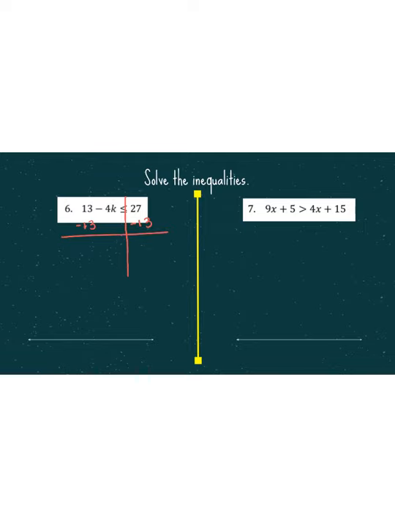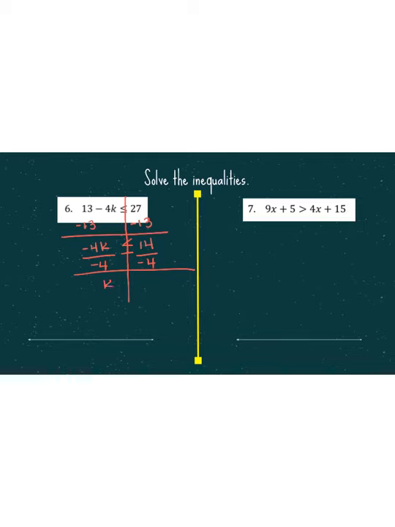So now I have negative 4k is greater than or equal to, and then 27 minus 13 gives me 14. And then I have to divide by that negative 4 to get k all by itself. I have to remember, if I'm dividing by a negative number, I have to flip that sign.